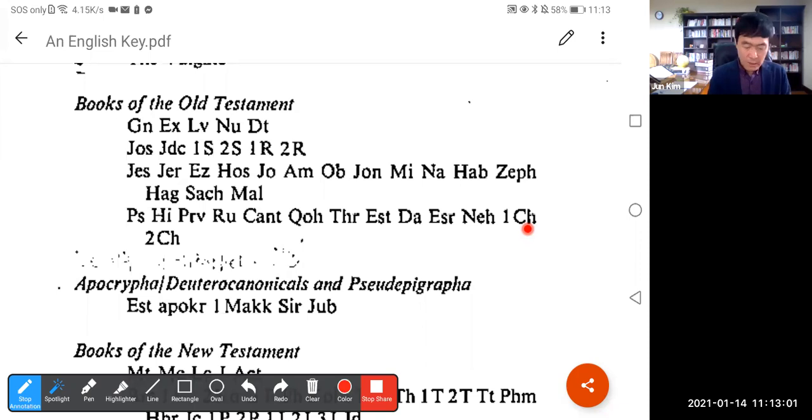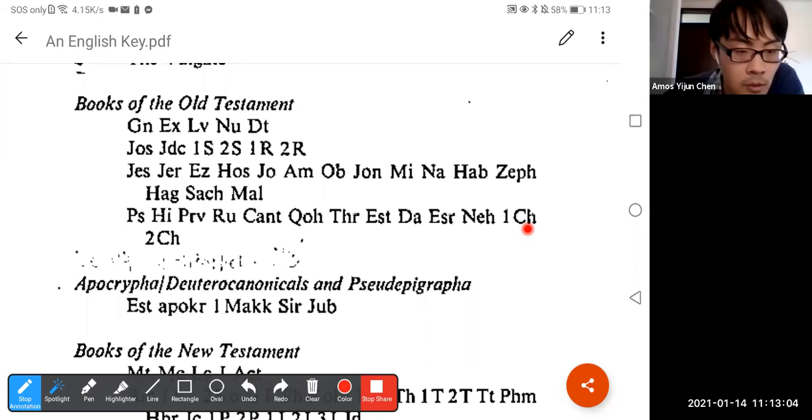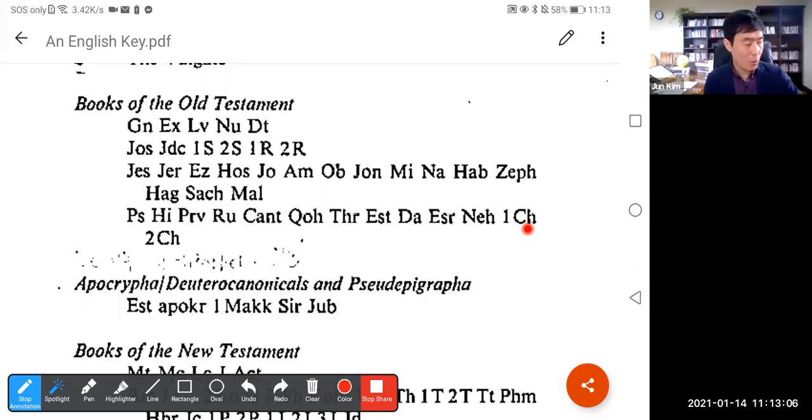Okay, that is how we are going to use our English key to the Latin and the signs of the Hebrew Bible and manuscripts. Okay, let me move on.